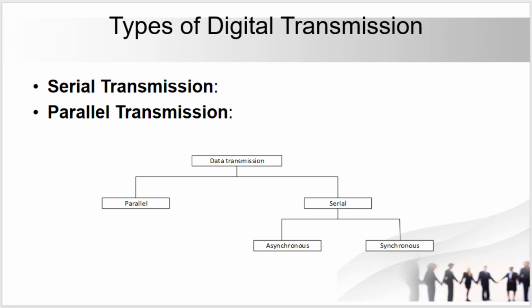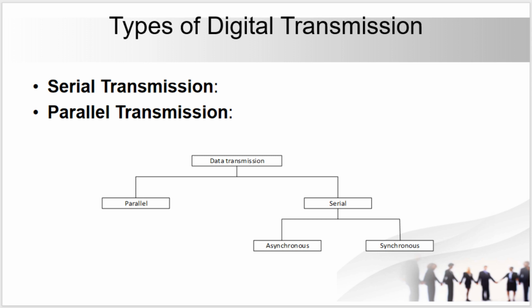In parallel transmission, multiple bits are sent simultaneously over multiple channels, giving a higher data transfer rate suitable for short-distance communication. It has more complex cabling and higher cost, with a risk of failure from skew.